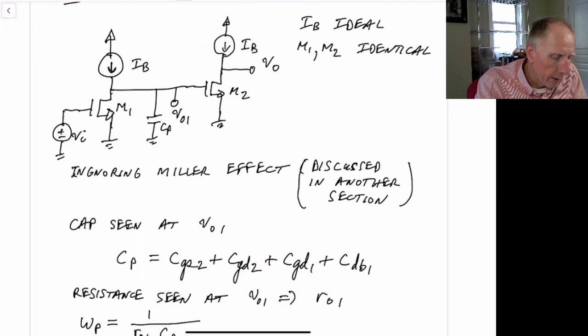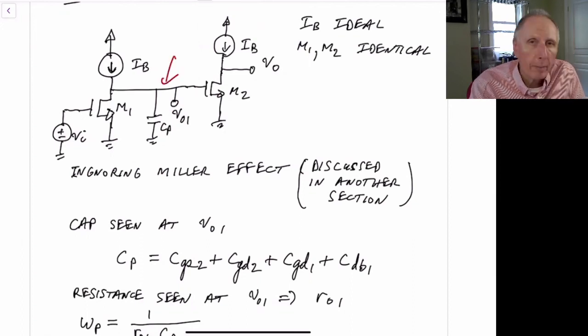The pole frequency is, we just find the capacitance at this node, so we'll call that C sub P, the total capacitance seen at that node, in parallel with the resistance seen at that node.